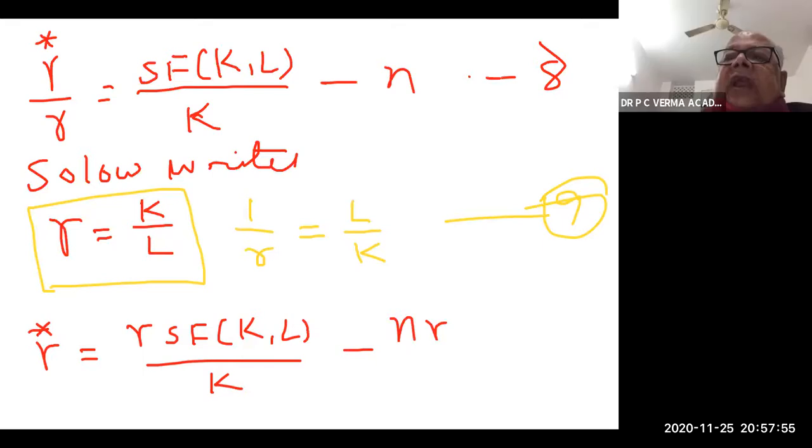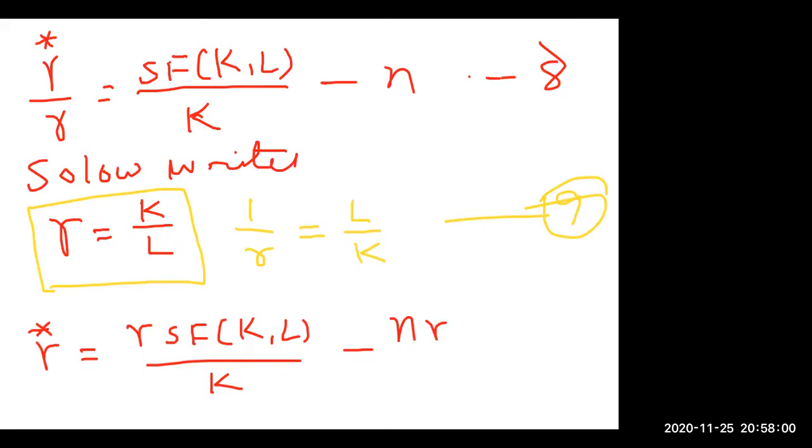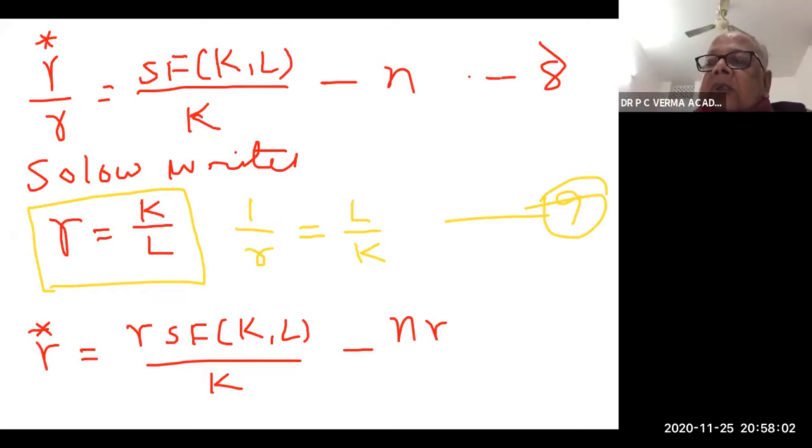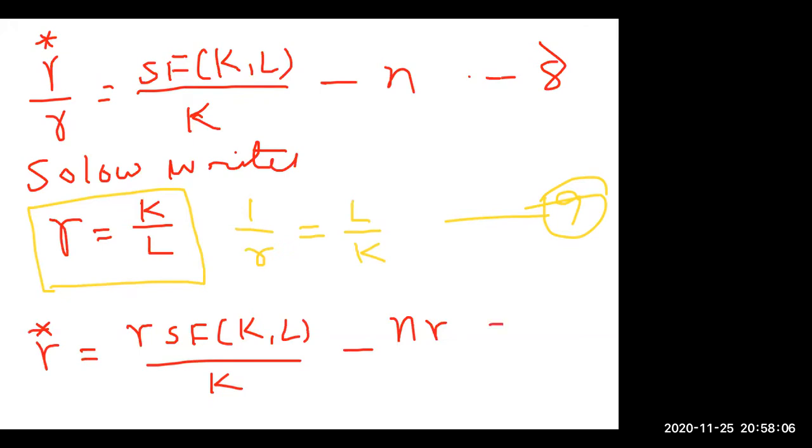R will go to the right side, then N becomes NR. Clear?